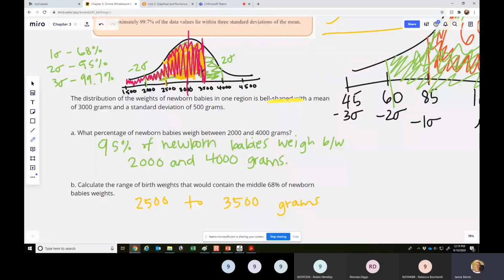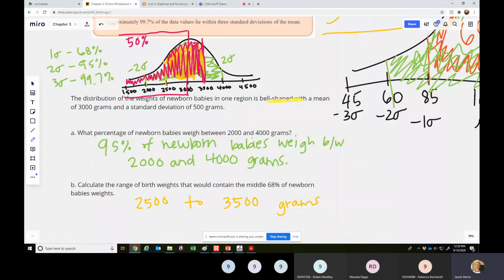So that means that everything to the left of this middle line, everything over here, is 50% of the data. Since this is symmetric, 50% is over here, and the other 50% is over here. I think that's a good way to do this. It captures almost everything that we have shaded in.